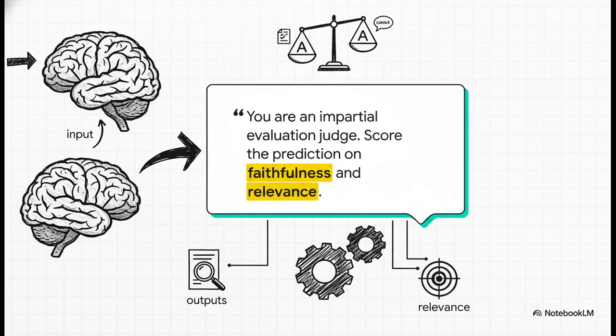So how in the world does an LLM-as-Judge work? Well, we basically give another powerful model a very specific job. The system prompt here instructs it to act as an impartial evaluation judge, and its only job is to score the AI's output on criteria like faithfulness, did it actually stick to the source material, and relevance. This whole technique of using AI to grade AI is what allows us to measure these complex qualities that simple rules just can't capture.